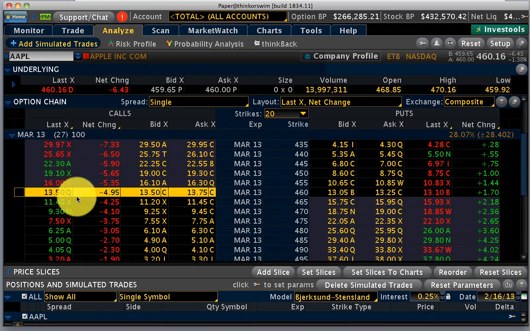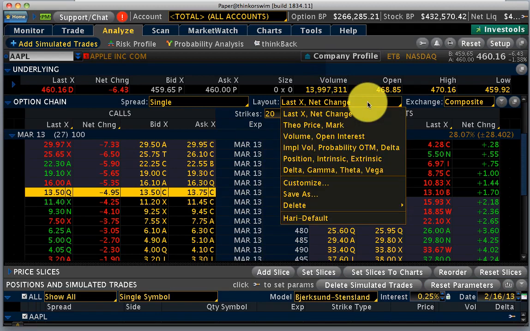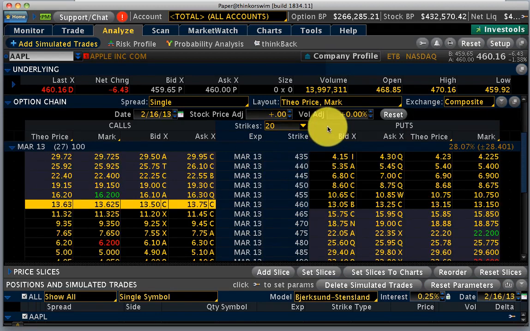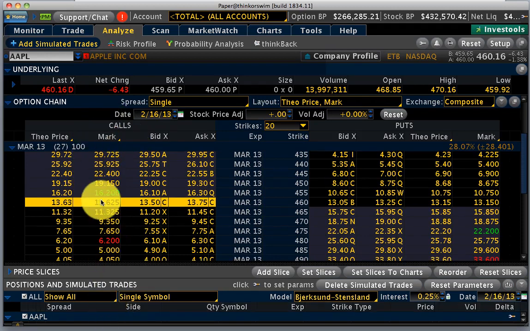If you wanted to set a limit price, for example, what you could do is put the mark column here. The mark column gives you the midpoint between these two, so you don't have to sit there and calculate the midpoint. The mark price is a convenient way of looking at any option and determining the fair value, at least the midpoint between these two.